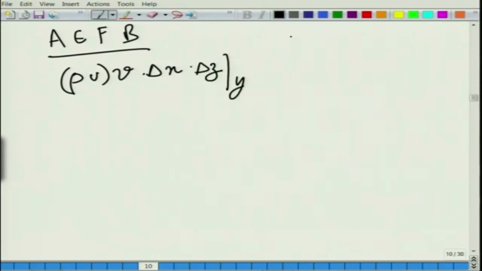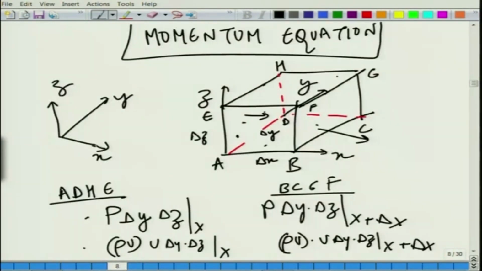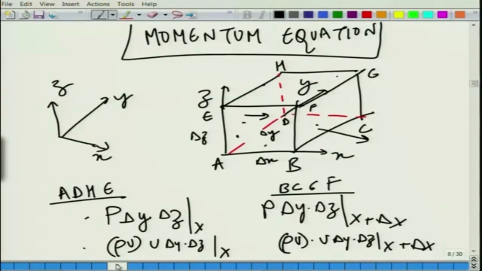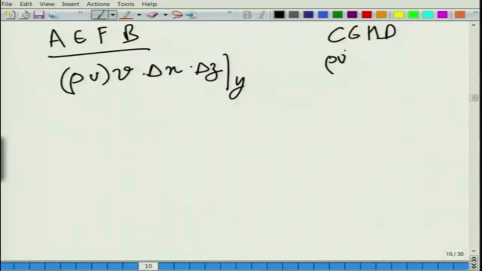And similarly along the face C, G, H, D, we will be getting the force, that is your rho u times v into delta x delta z at y plus delta y.